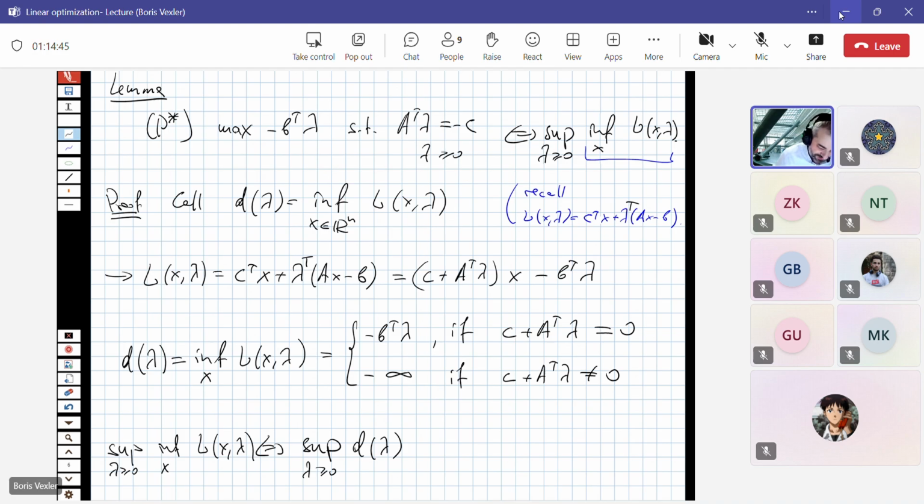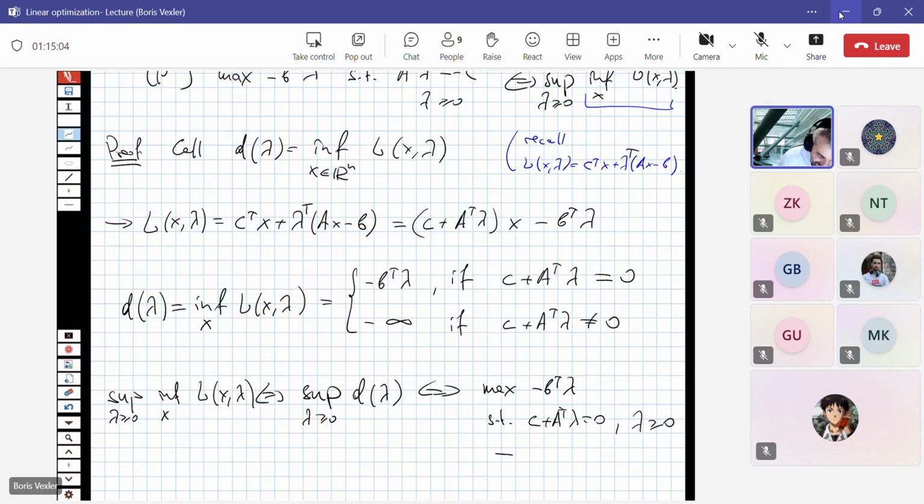Therefore this is equivalent to maximization of minus b transpose lambda subject to c plus A transpose lambda equal to 0, and of course lambda larger or equal than 0. But this is nothing else but our problem P star.